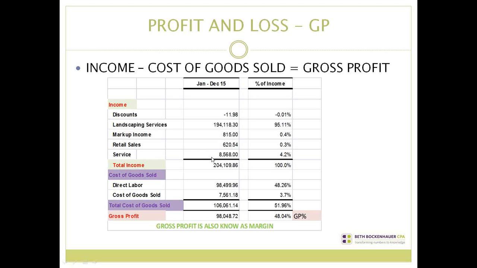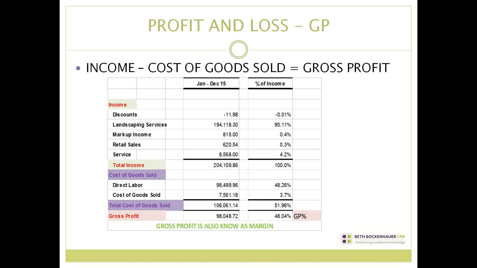And we can see that our cost of goods sold here is $106,000 and change, and that gives us a gross profit of $98,000. So for us hitting the bricks and doing what we do, our profit on that is just over $98,000, or it also can be referred to as a gross profit percentage, which would be 48%.